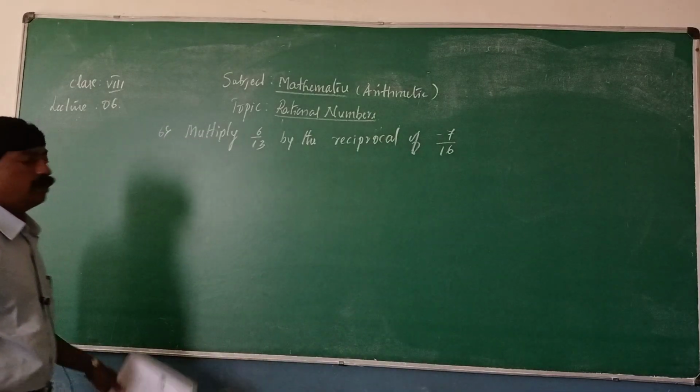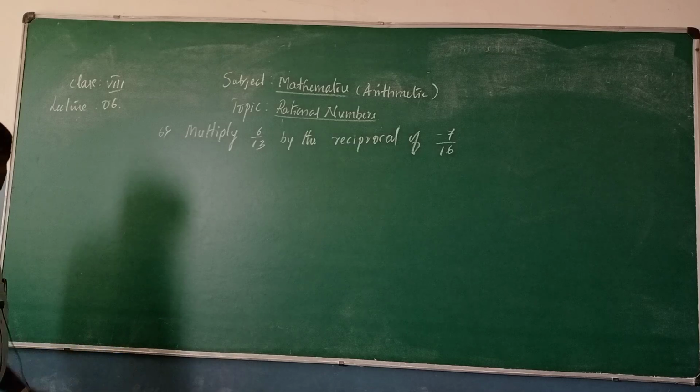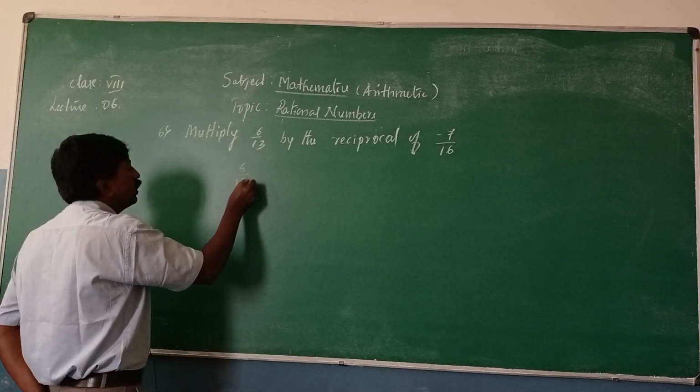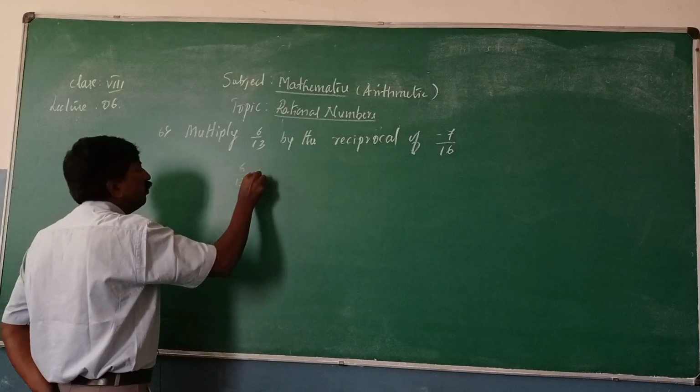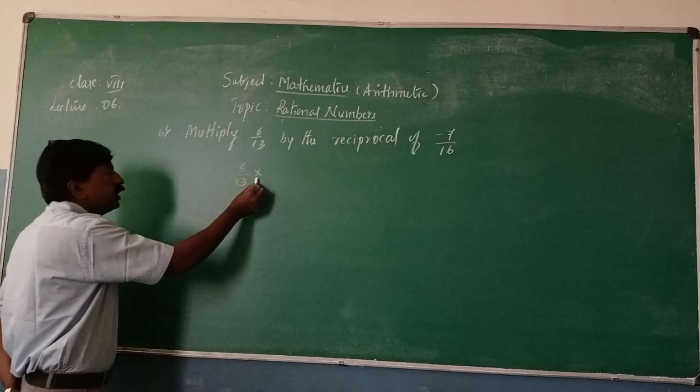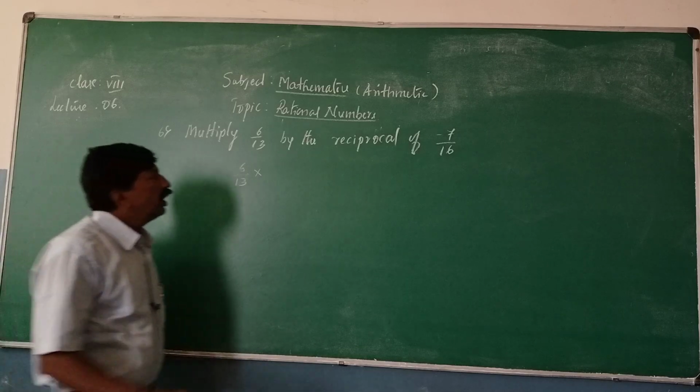Yes, simplify this one. It carries 2 marks. Yes, 6 by 13 is a number. You can multiply, it is a product sign.